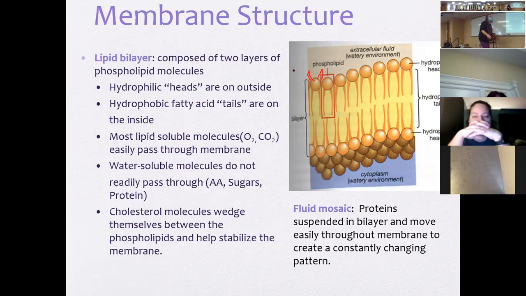Help visualize it. The bison heads love a fight. Hydrophilic love. Everybody who's afraid is where? Inside at the tail end. So the heads are hydrophilic. The tails are hydrophobic. Phobic meaning fearful or repelled.